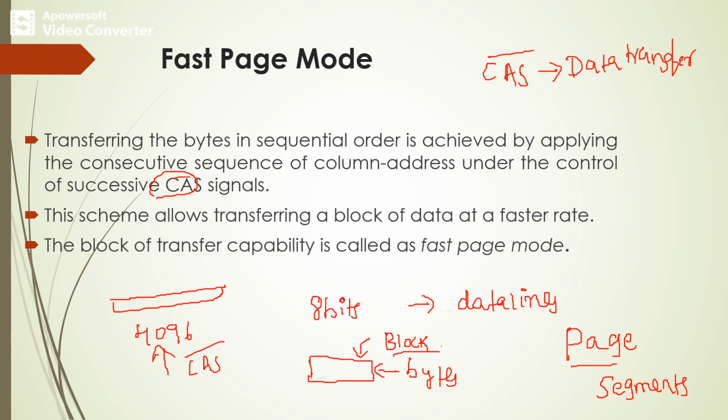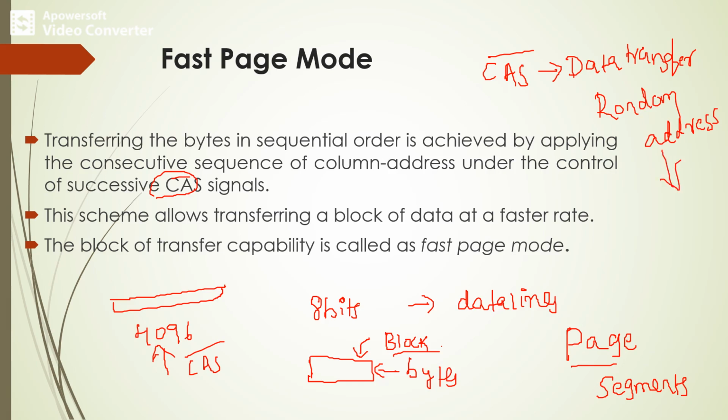That means bytes can be transferred in a sequential order at a faster rate compared to the actual data transfer using random addresses. If you are using random addresses while transferring, the data rate will be very slow.